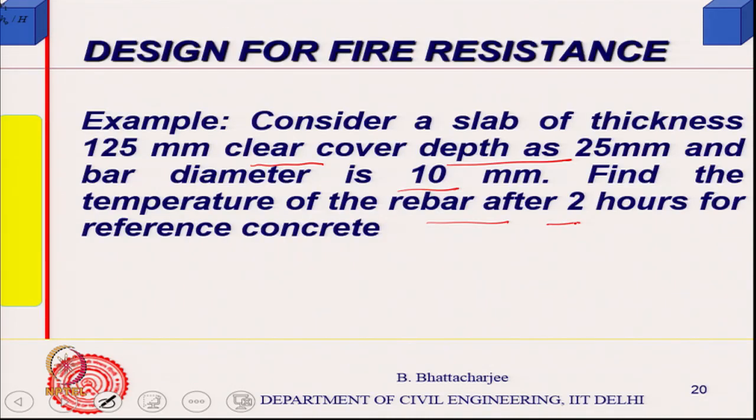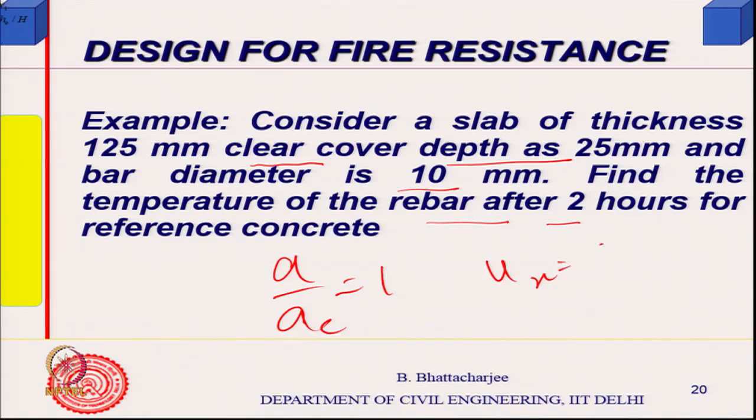Now, A by AC will be 1 because it is for reference concrete. So, ux will be simply T is 2 hours divided by x is 25 plus 5 plus 10 by 2. Sorry, x is equal to 25 mm, the clear cover, plus 10 by 2 at the center of the bar, which becomes actually 30.